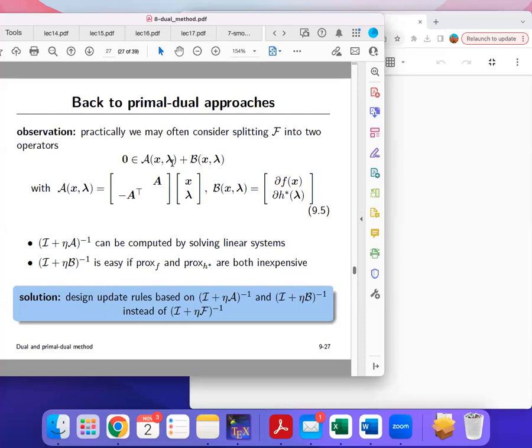So for these two small operators, we can get their resolvent. However, we are looking at the resolvent of the sum of these two, so they are not directly related. So we need to think of a way to connect these three resolvent operators together.